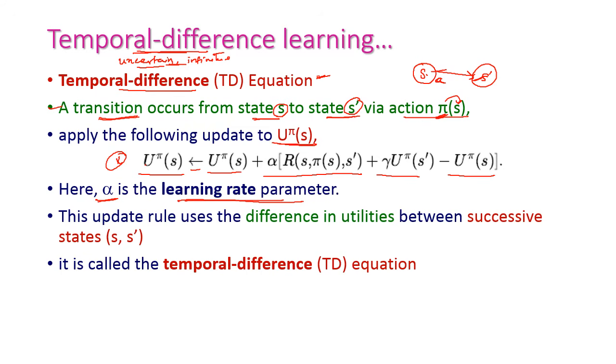Here the update rule uses the difference in utilities between the successive states. So we have to identify the difference of utilities between S and S dash, and this is called the temporal difference equation.